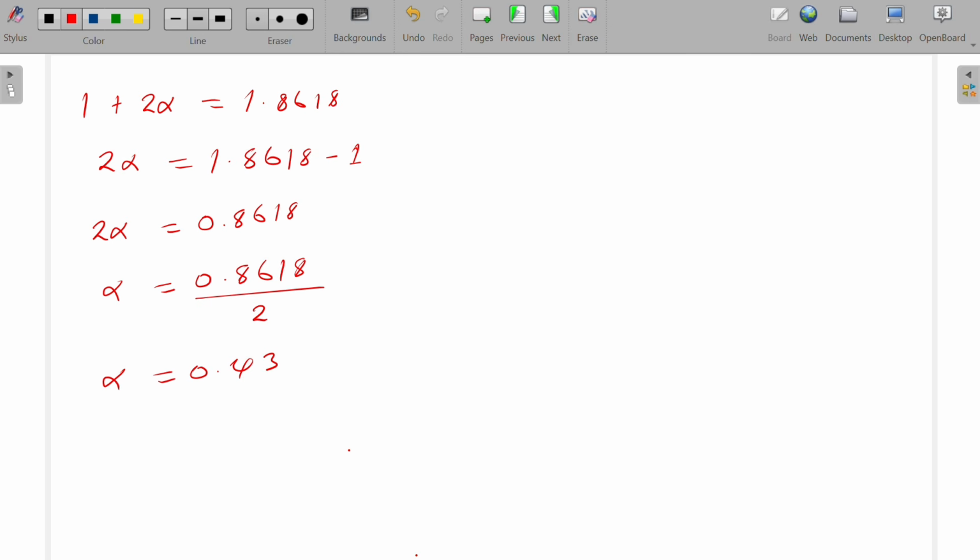Let me just confirm that we have 0.8618 divided by 2. So yes, we're getting 0.4309. When we round it off, it will give us 0.431. So this is the degree of dissociation that we are looking for in this question.